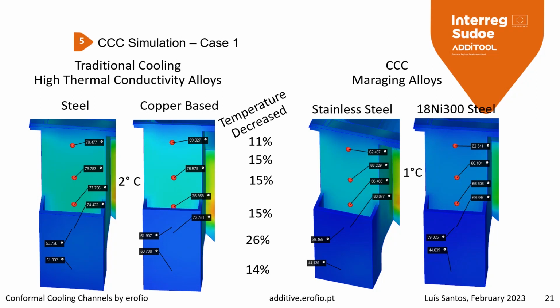We have a decrease in temperatures of between 11 and 26%, depending on the regions assigned for the simulation. So we clearly have an improvement, even though the maraging steel alloys don't have high thermal conductivities. But the fact that the cooling channels are so close to the plastic makes it really efficient.